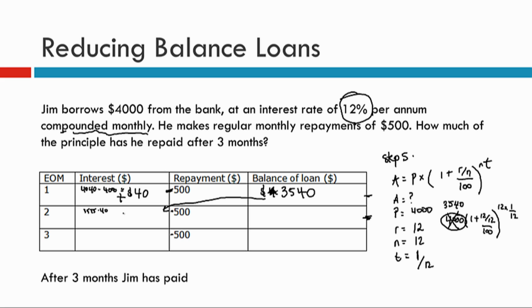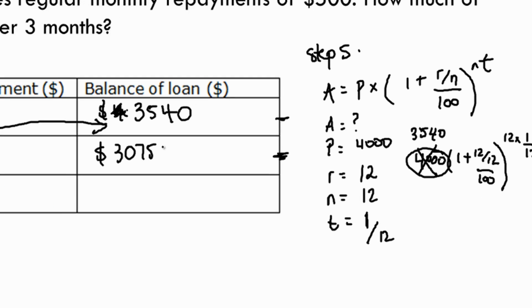But we still need to work out the interest because that's what this question's asking, the interest for each month. So we subtract that $3,540 that we started off with, and our interest now is $35.40. That's for the second month. So to get our balance now, we've got the $3,540 we started off with, plus the interest of $35.40, take away our $500, and we end up getting $3,075.40.